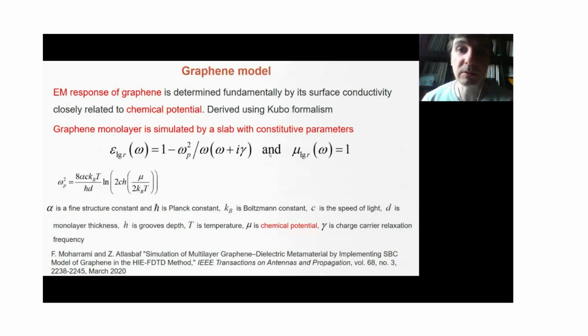It was derived by using Kubo formalism, and constitutive parameters of graphene in the end have this form, especially epsilon is the most intriguing one.